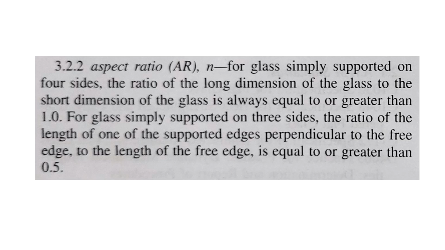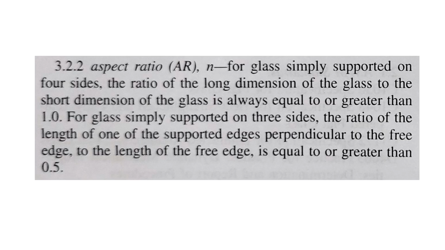I still haven't gotten my head around exactly why that is yet, but for testing purposes, we'll take their word for it. Apparently, the free edge can be as much as twice as long as the supported edge, and that would create an aspect ratio of 0.5.